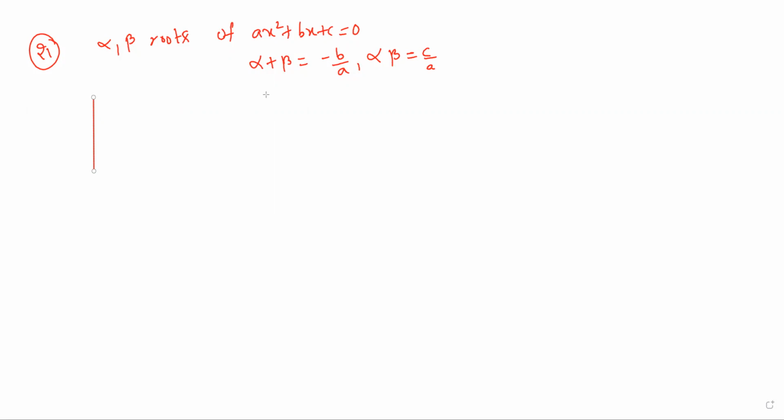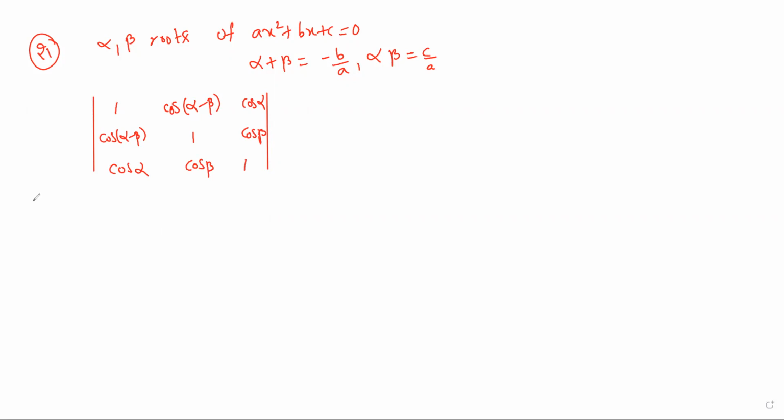Given here the determinant: 1, cos of alpha minus beta, cos alpha; cos of alpha minus beta, 1, cos beta; cos alpha, cos beta, 1. Cos of beta minus alpha or alpha minus beta, both mean the same, because cos of minus theta is cos theta.